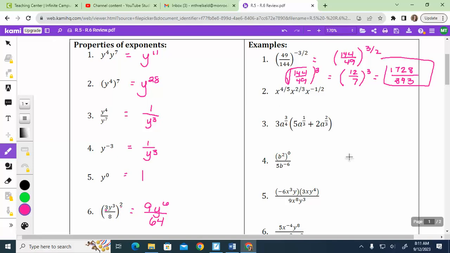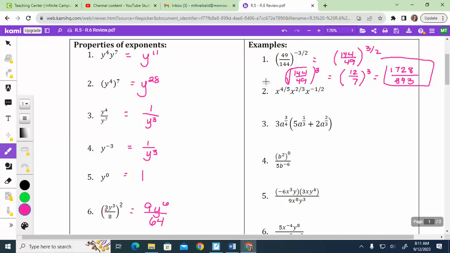Number 2. If you don't have a calculator, you're welcome to grab one. When all of those x's are multiplied, what are we doing with the exponents? Adding. So we need to do 4/5 plus 2/3 plus negative 1/2.